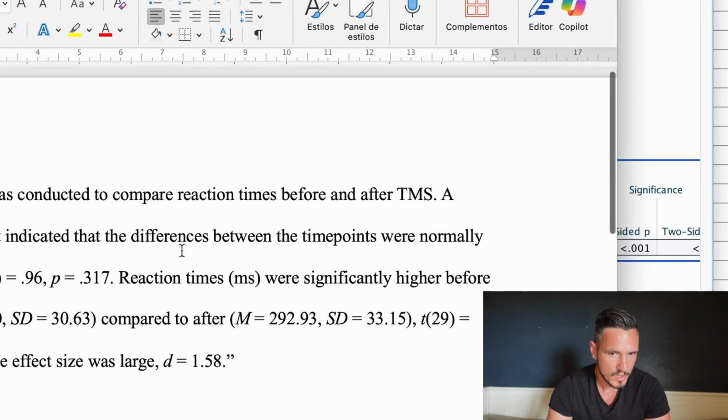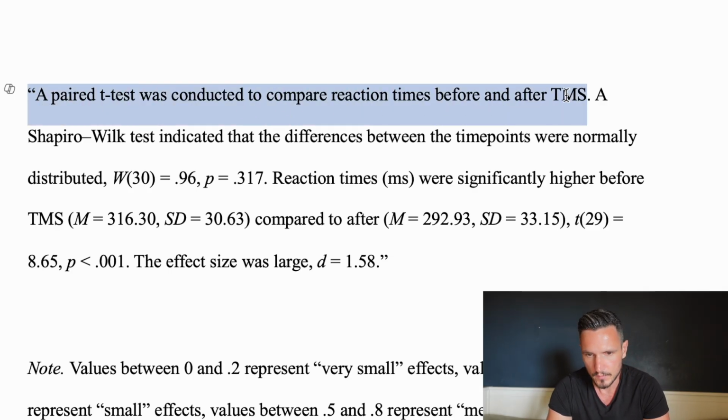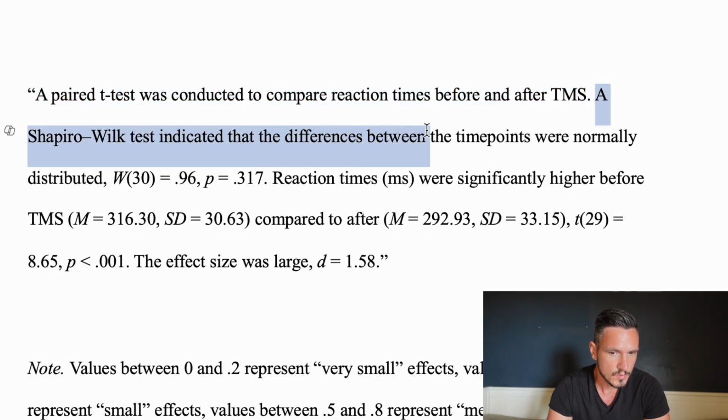So I have an example here, and I've started off just by saying that a paired t-test was conducted to compare reaction times before and after TMS. Then I've said that a Shapiro-Wilk test indicated that the differences between the time points were normally distributed, and then I've reported these statistics here.